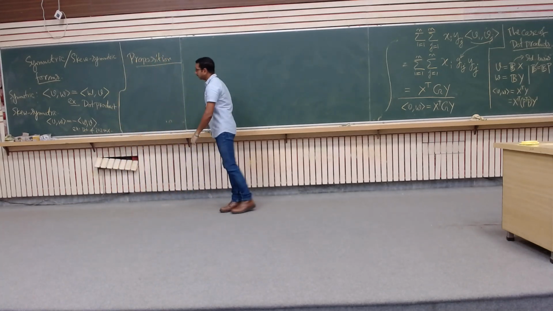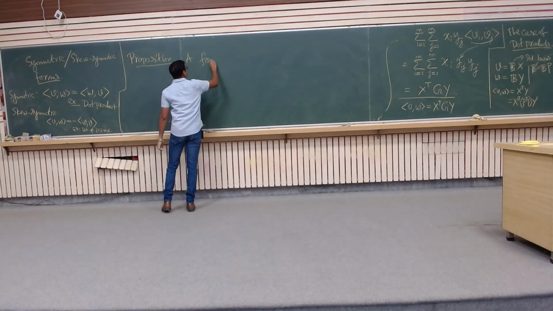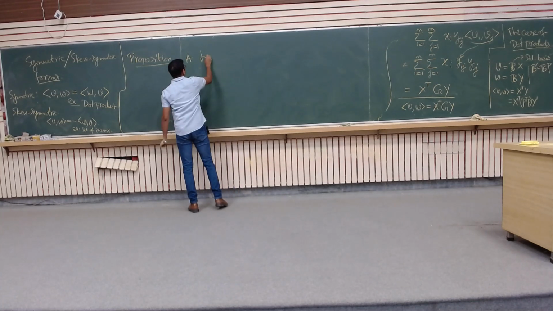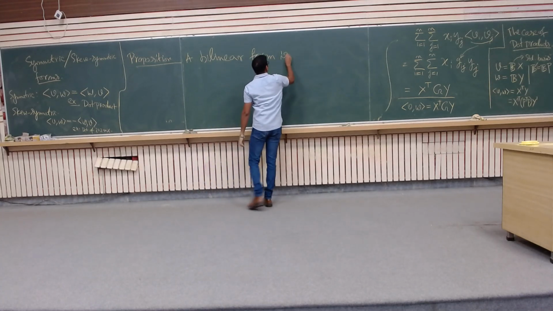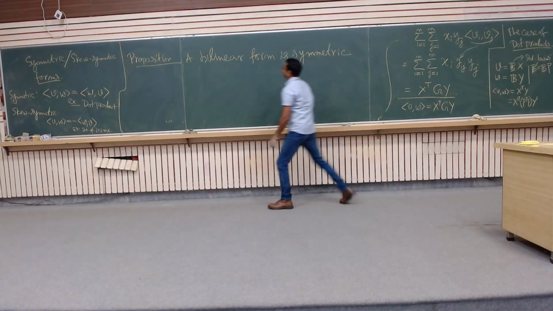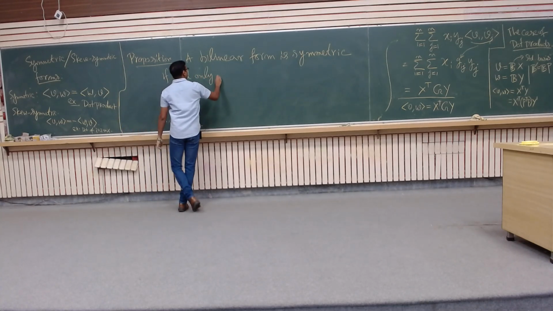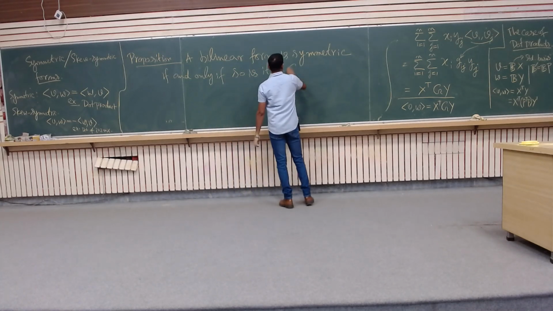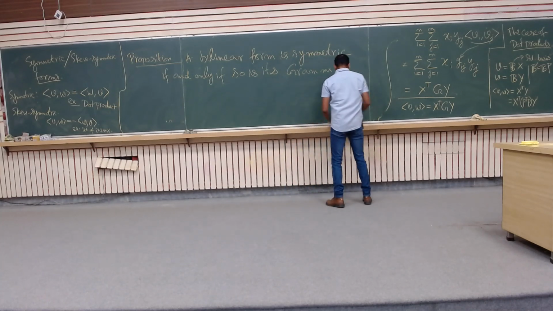Suppose your form is symmetric. So let's write it down at first. A bilinear form, I mean, is symmetric if and only if so is its Gram matrix with respect to some basis.